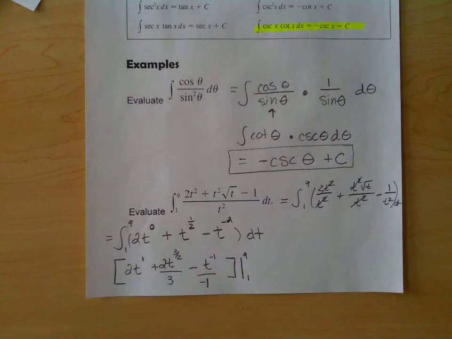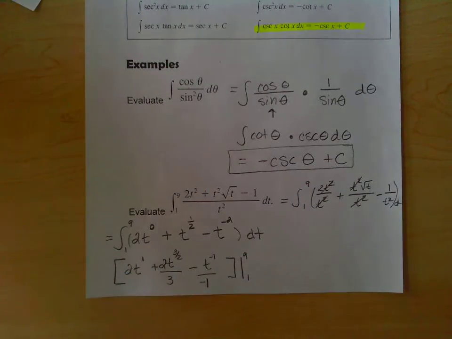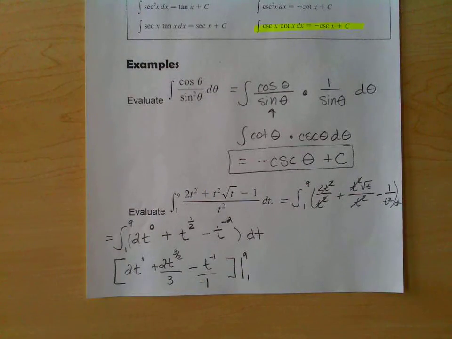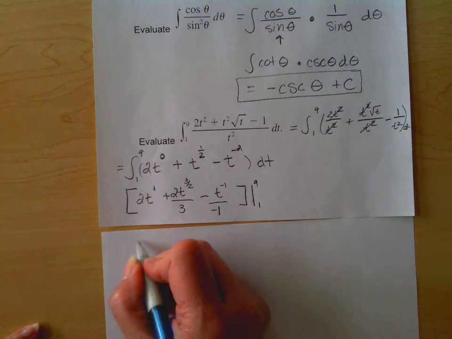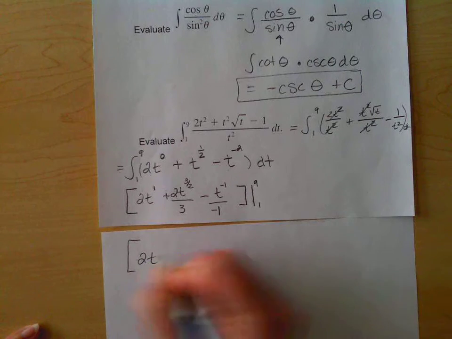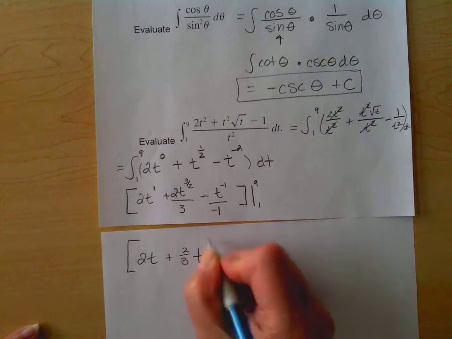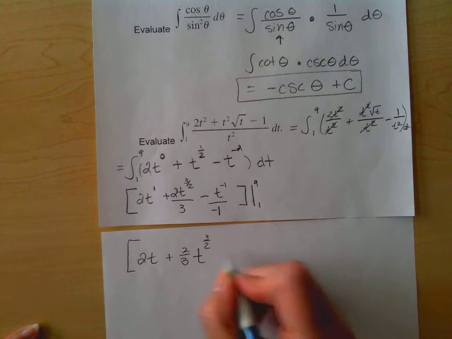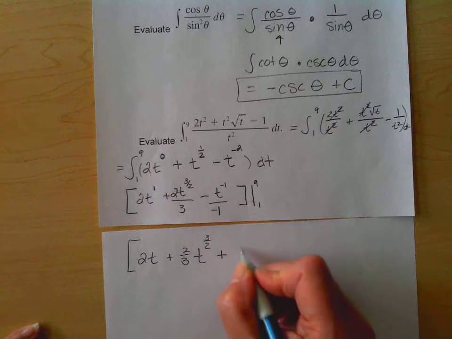And I could simplify this a little bit more. This subtracting a negative is going to change to adding. And that t to the -1 will be a 1 over t.